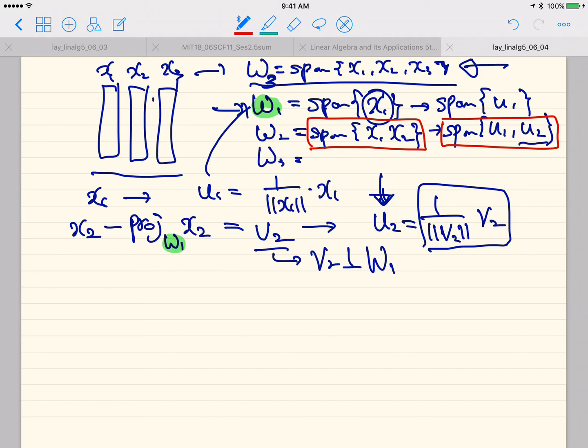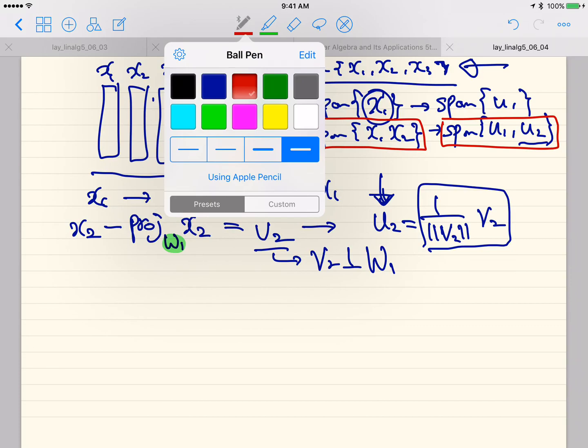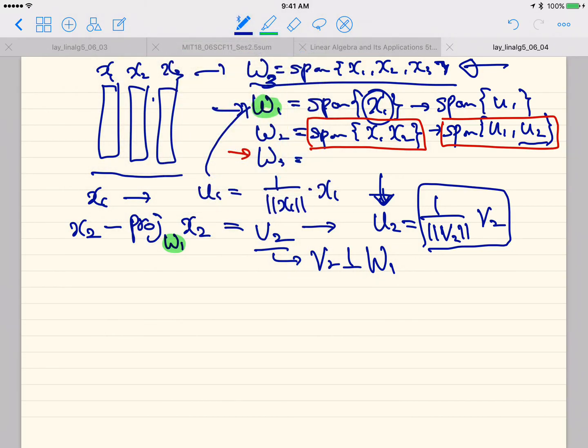Okay, then let's move on to the third one. The third one is still going through the exact same process, but still x3 minus, in this case, what should that be? Should it be W1 or W2 or W3?